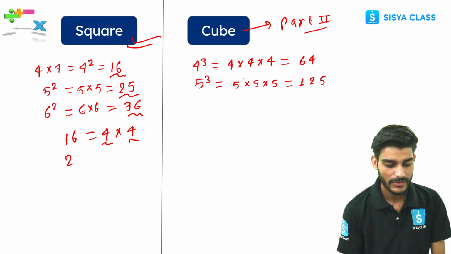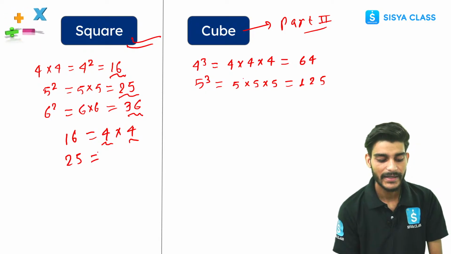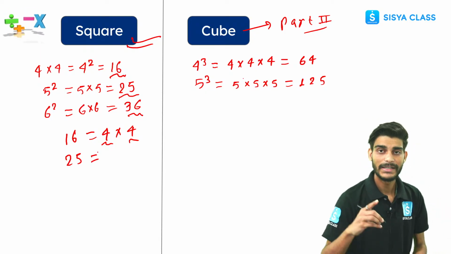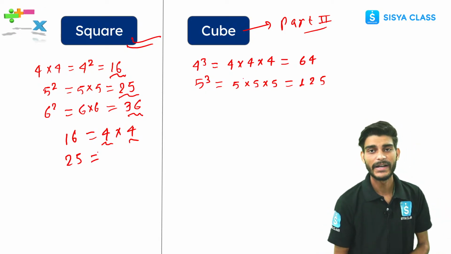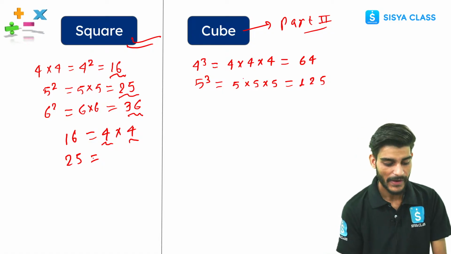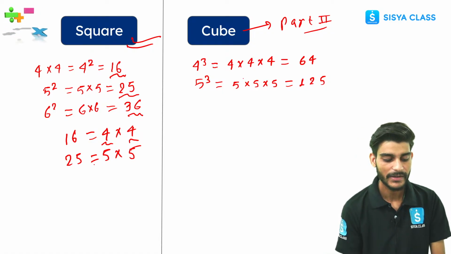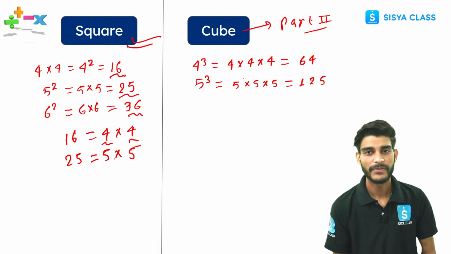In the same way 25, can I have a number, if I'll multiply with the same number, can I get 25? Obviously there is a 5. If I'll multiply with 5, I'll get 25. So 25 is a perfect square.